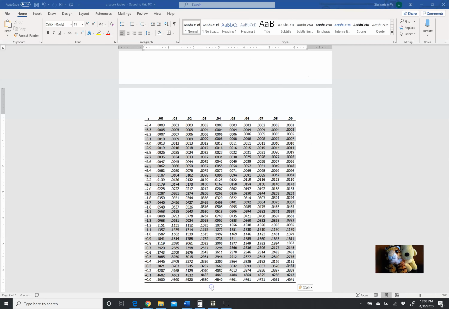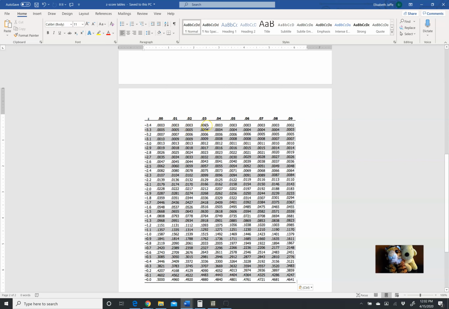So here we have our z-score table, and let's talk about how to use this. The row is going to give you your first digit. We need 0.125. So notice this would be like negative 3.4, and then this gives us the next digit. So negative 3.41, negative 3.42.